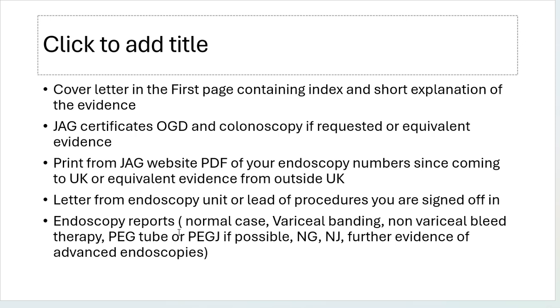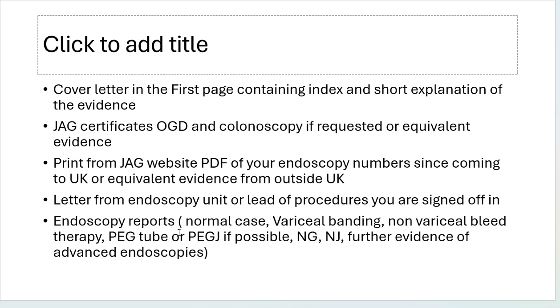And then variceal banding, one or two cases, you put it. Then an empty page, non-variceal bleed therapy, and you put two or three or four bleed therapy cases, like clips, like APC, like gold probe or adrenaline injections, or whatever you want to put. This will be another evidence. Then another empty file, PEG tube.